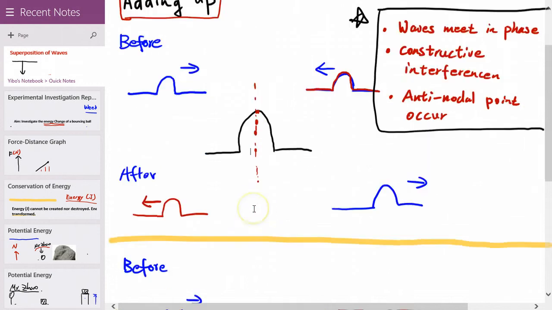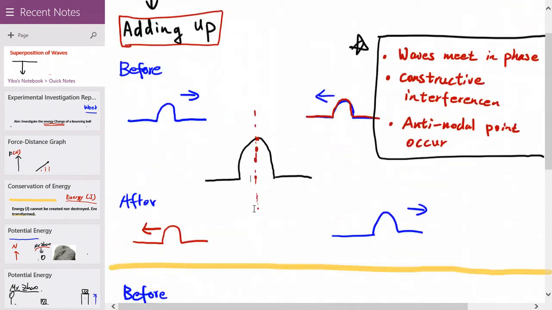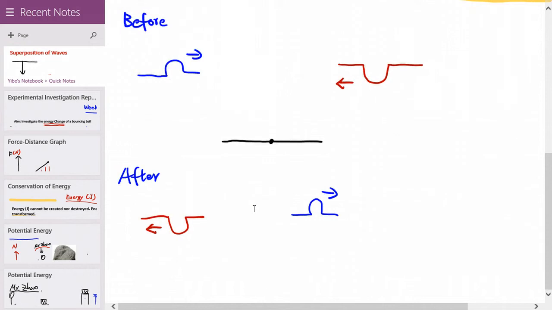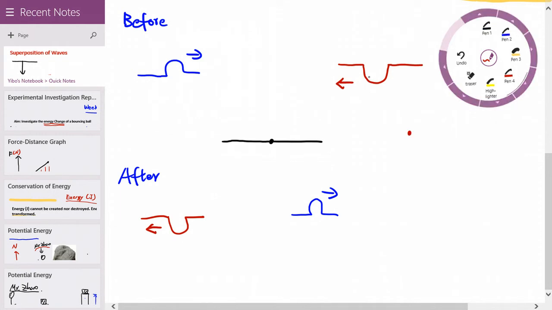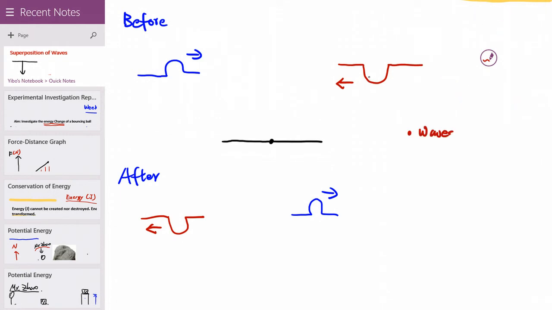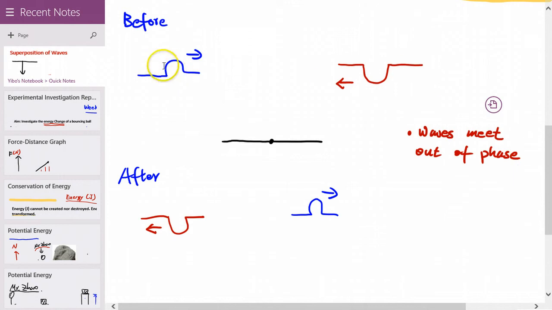Now, in contrast with this, we call that destructive interference. We have waves meet out of phase, because the phases of the waves are different.